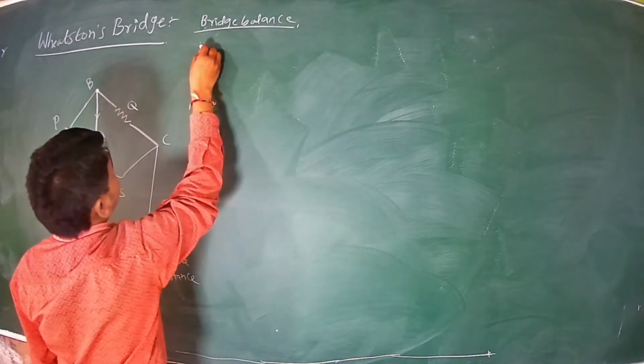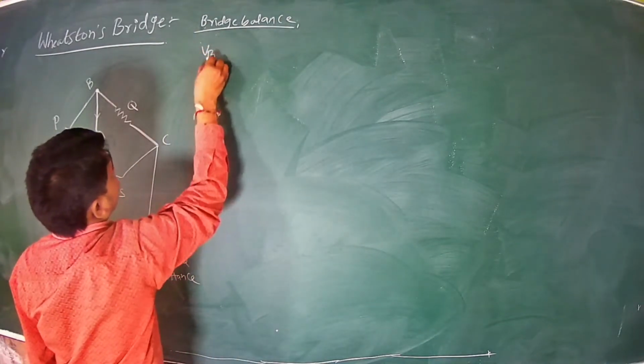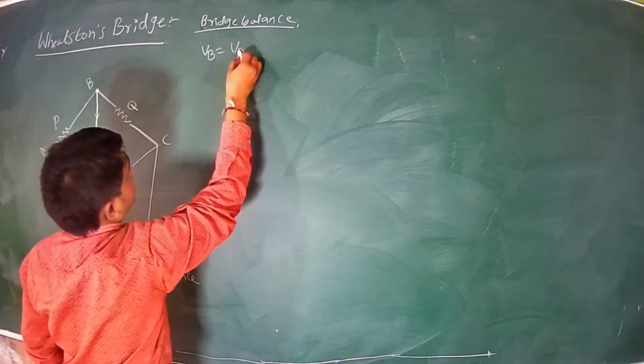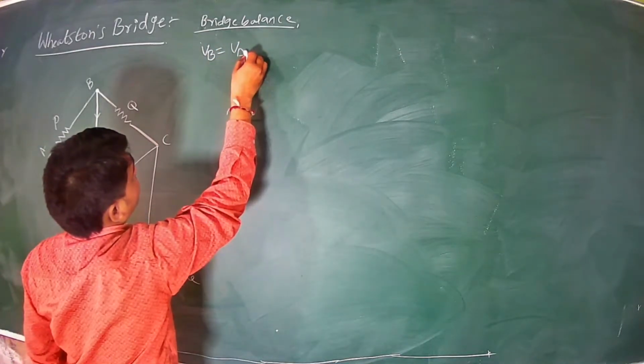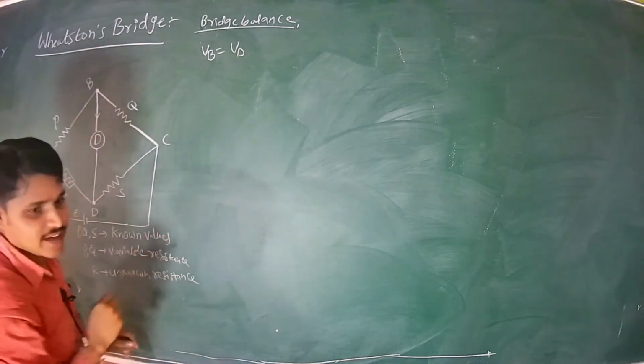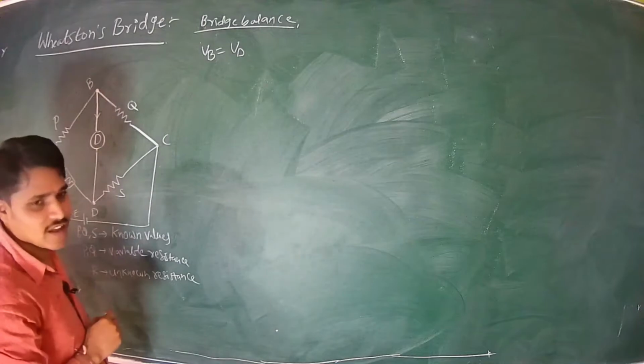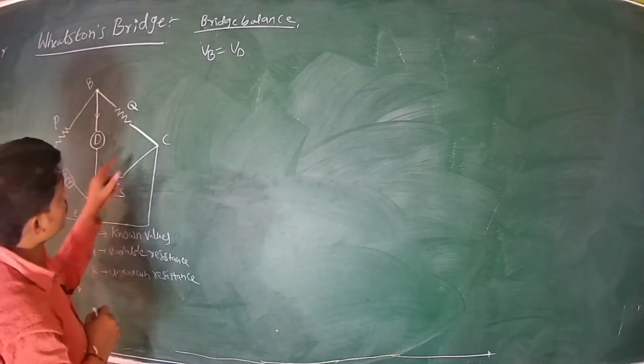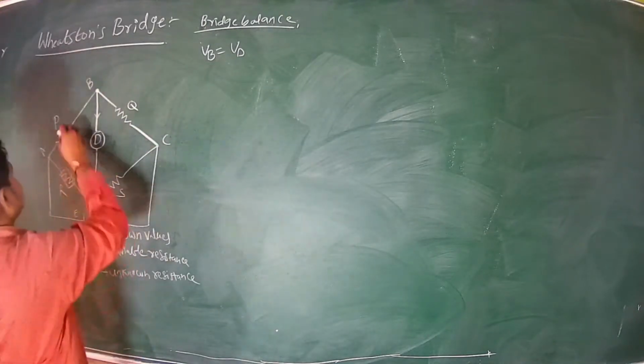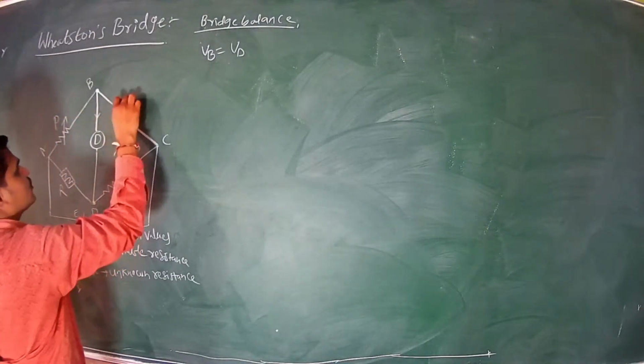So the potential at B is equal to the potential at D. Then the bridge will get balanced, that means the potential difference is 0. Therefore, no current flows through the galvanometer. Of course, this P value is a variable value.